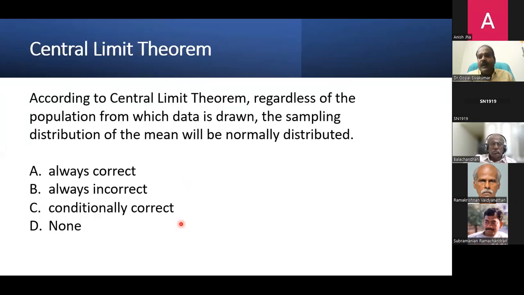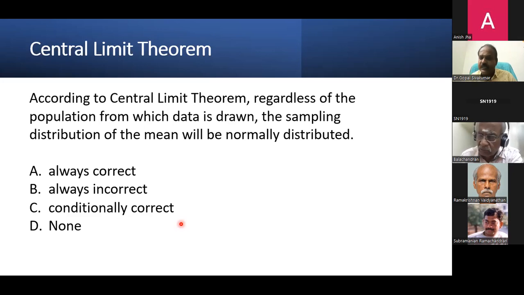Now, according to central limit theorem, do you know central limit theorem? Yes, sir. Central limit theorem is talking about sampling distribution. Central limit theorem is not talking about population. Central limit theorem is not talking about your sample. Central limit theorem is talking about your sampling distribution, how the mean will get distributed.